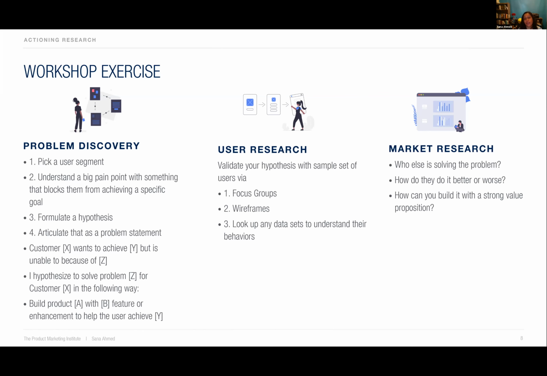And within this user research, you also want to be able to show them the wireframes we spoke about. And if you can look up any data sets to understand their behaviors, that would be great. Let me just asterisk that: in a product management situation, you would have a set of data points to look at because it would be an existing product and you'd have data coming in from different tools.